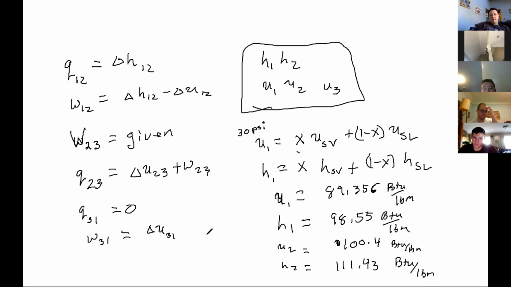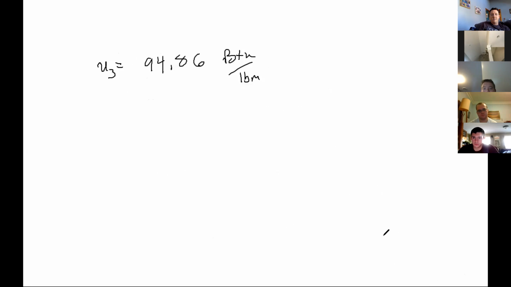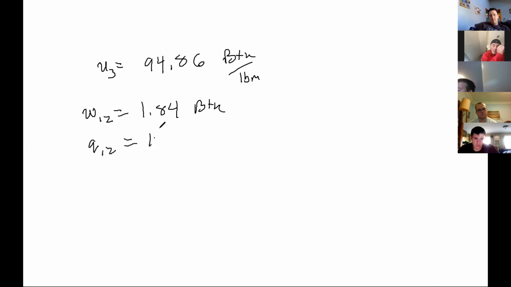Did anyone go through it all and get the final numbers here? Yeah, I did. So what did you get? The work for 1 to 2, I got 1.84 BTU. For Q, I got 12.88. For 2 to 3, for heat, I got negative 6.28.